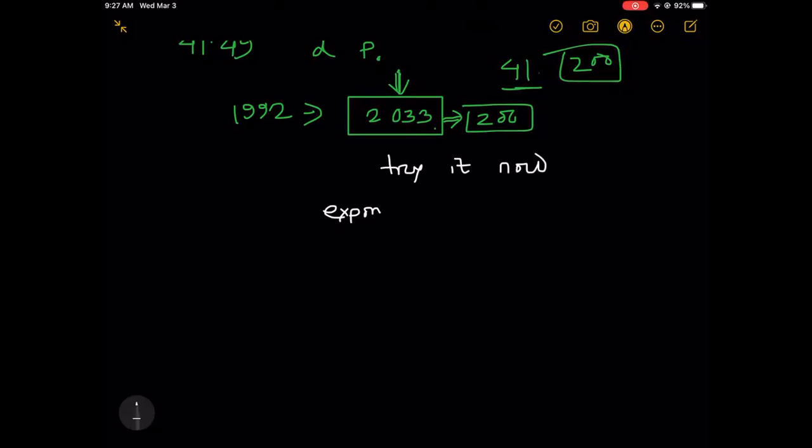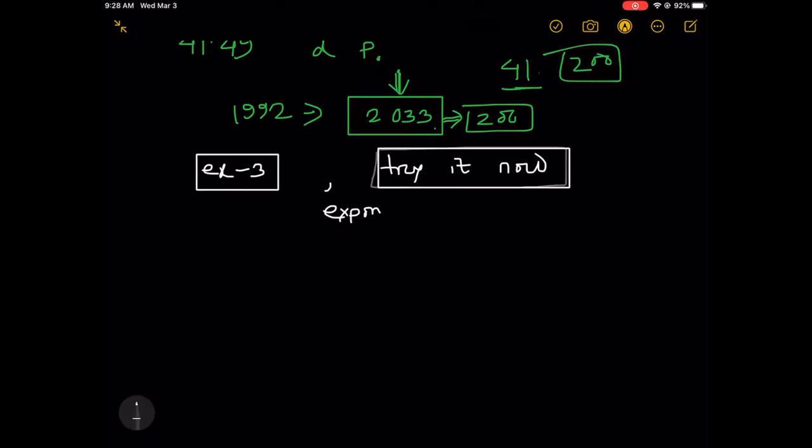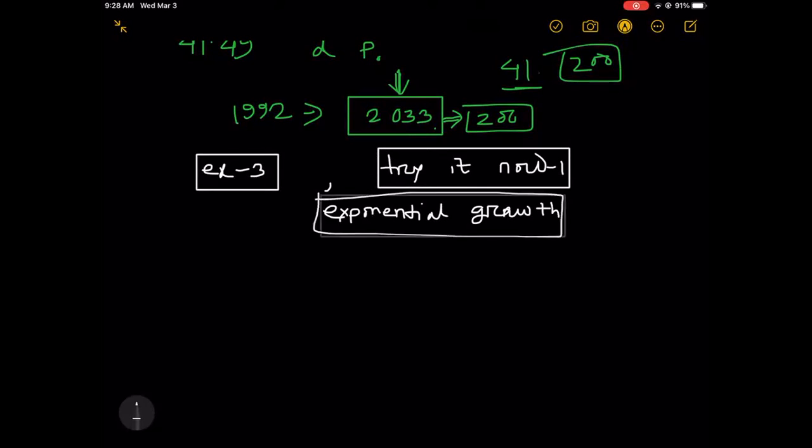Look for example 3. Send me your work by email or in Canvas for try it now one. And the definition of exponential growth is on page 180. You can see a box there.